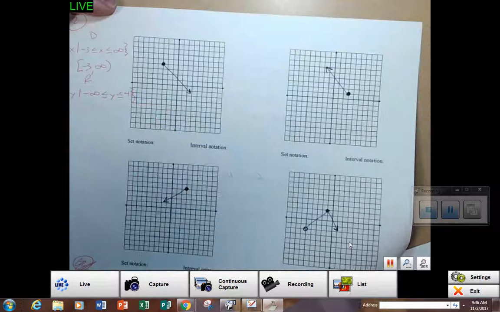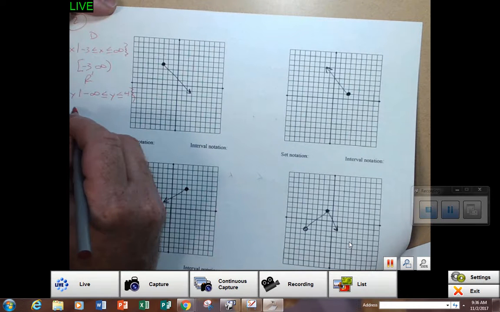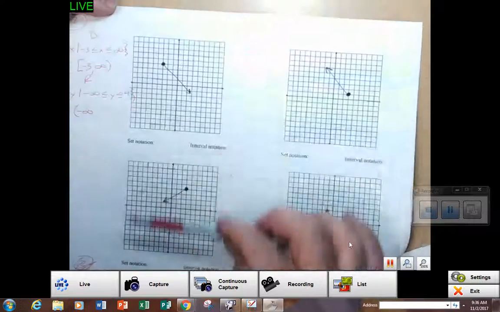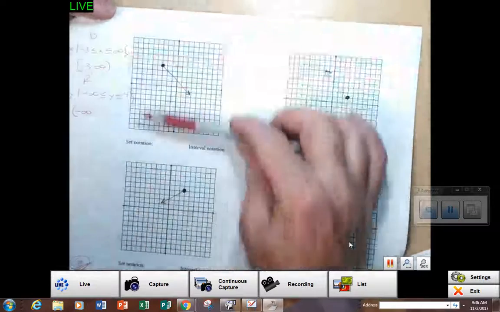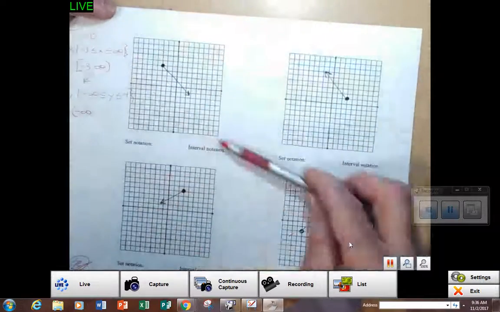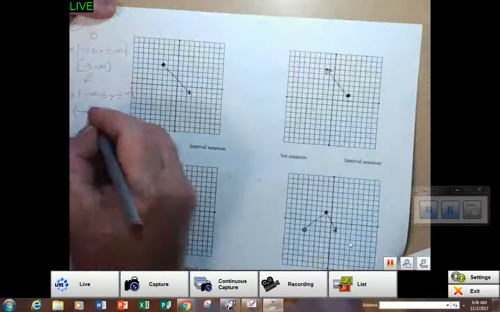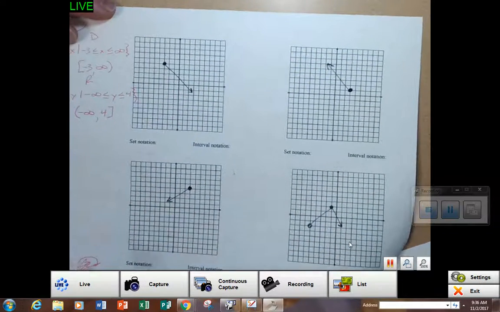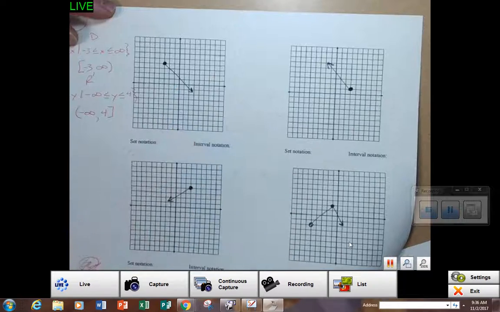That is my range. If I wrote that in interval notation, it would be rounded negative infinity because there's no bottom boundary, and it is negative because it's going down, even though this is going off to the right, down, bordered by 4 square bracket. And again, this gets tough. I will help you more with these, I promise.